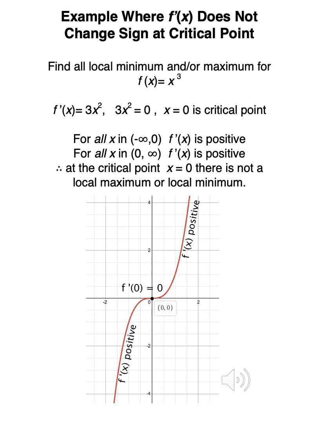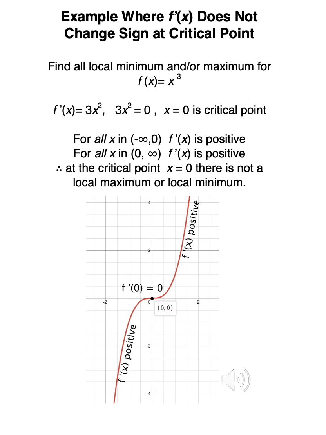So at the critical value, x equals 0, as you transition from less than 0 to greater than 0, the first derivative does not change sign. In this case, it stays positive.